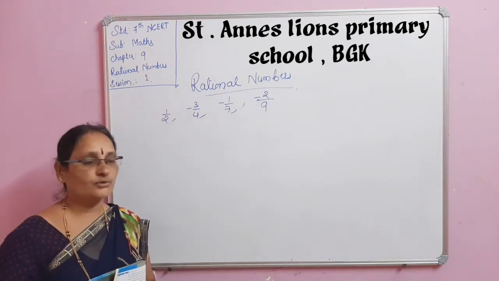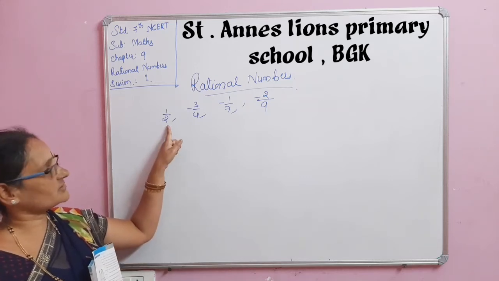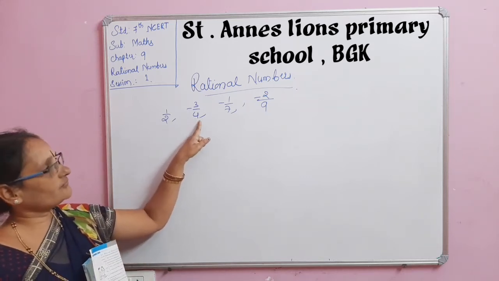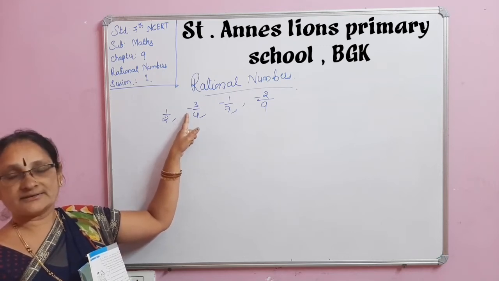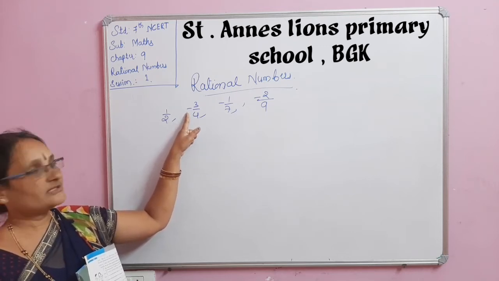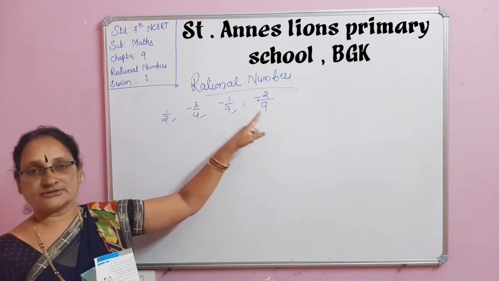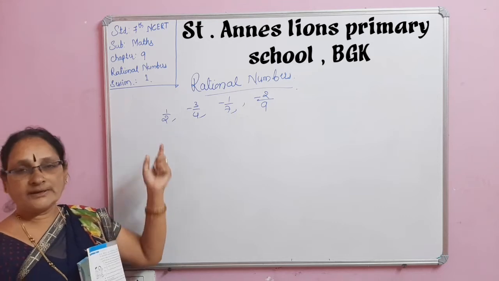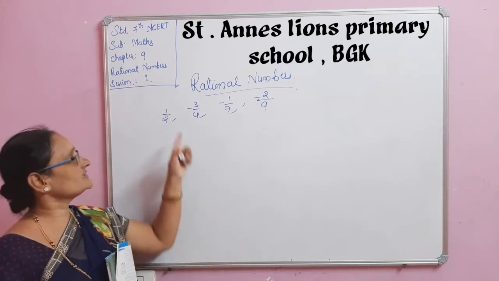You know how to write fractions. 1 by 2 is a fraction. Minus 3 by 4 is not a fraction, because in fractions negative integers will not be there. 1 by 2 is a fraction and also a rational number, because it is in the form of p by q.